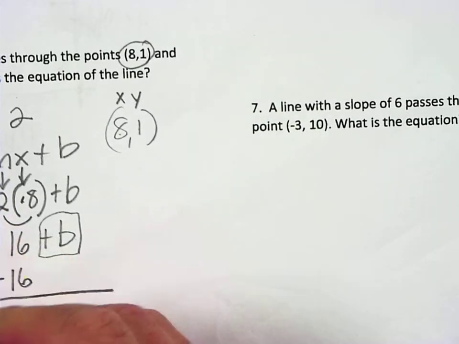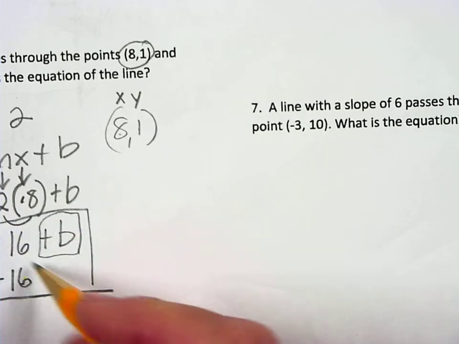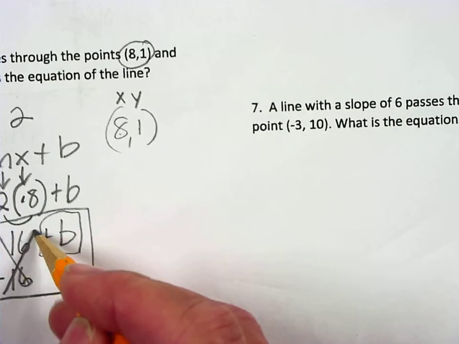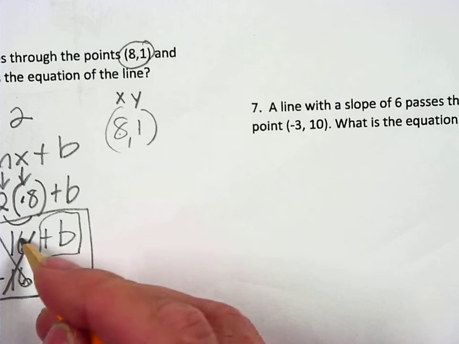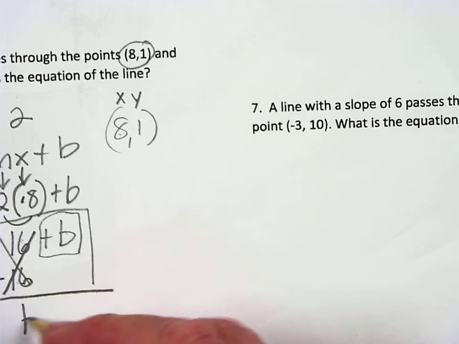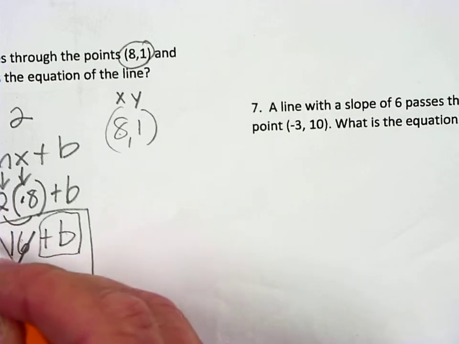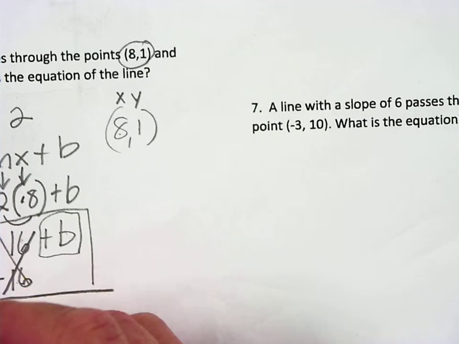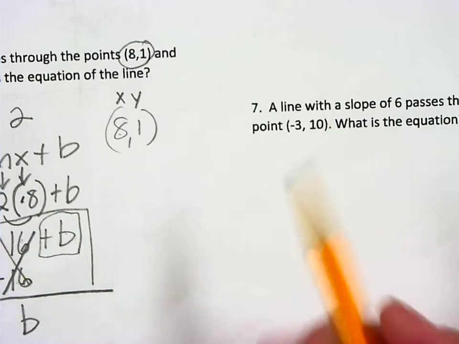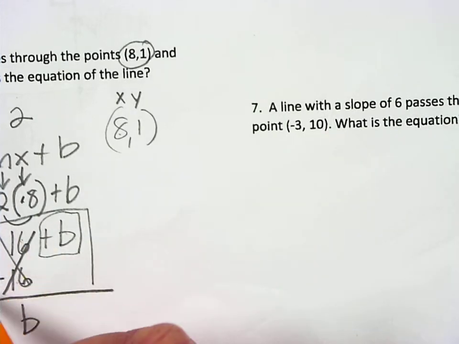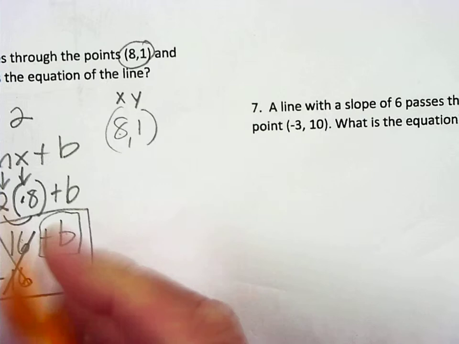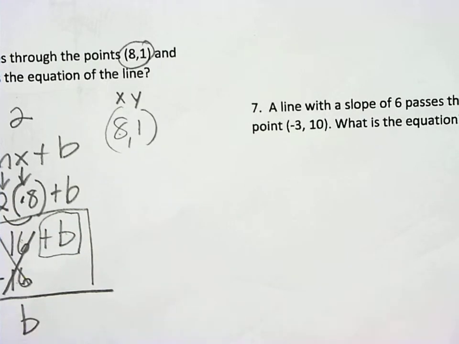Now I'm going to combine all this. Positive 16 and negative 16 combine. They cancel out. That leaves b over here. Now be really careful here. You have 1 positive and 16 negatives. This 1 positive is going to take one of these negatives and cancel it out. And if one of these negatives gets canceled out with a positive, you're going to have 15 negatives left over.